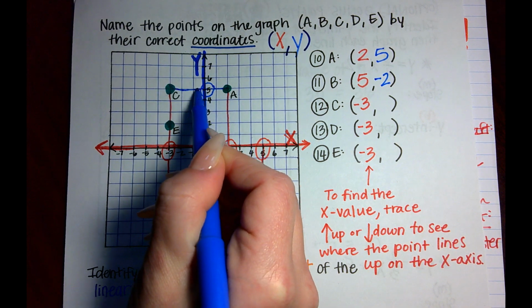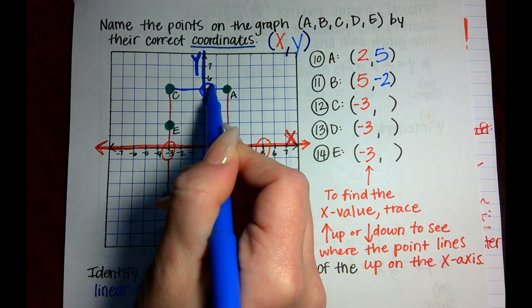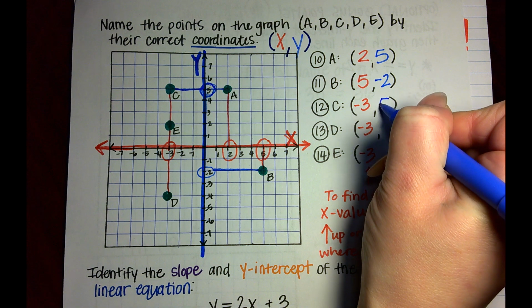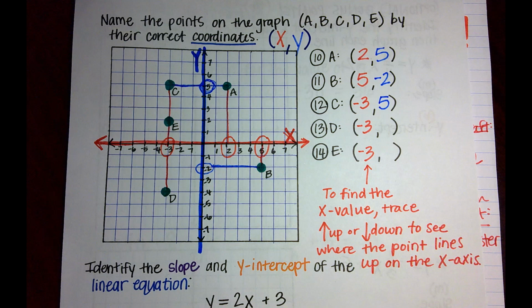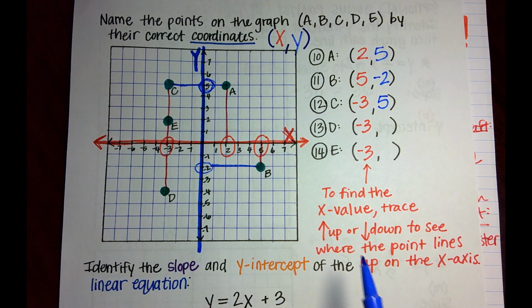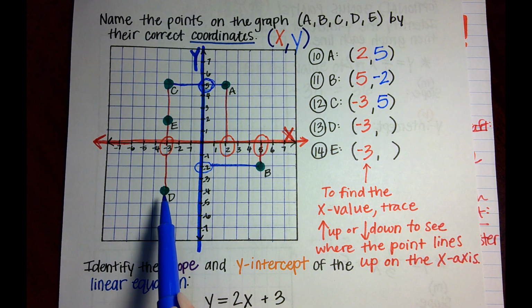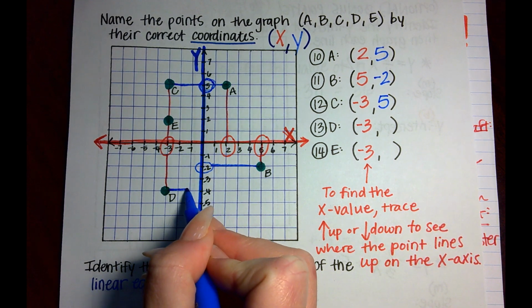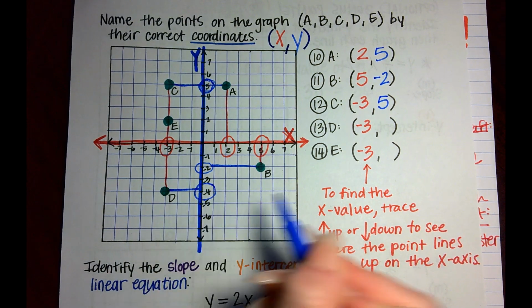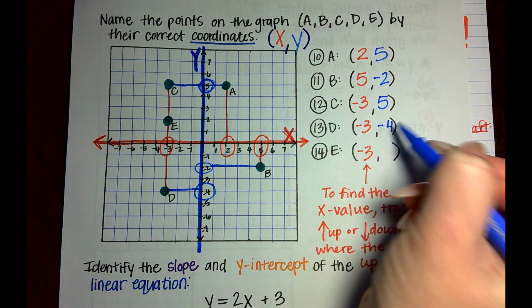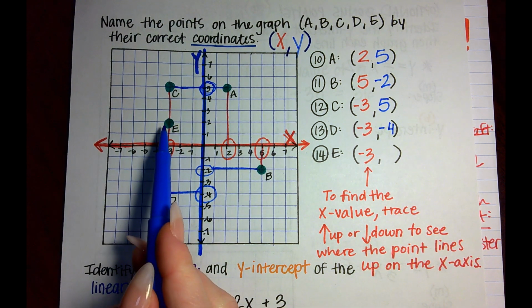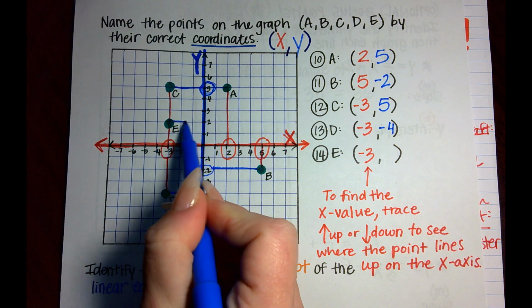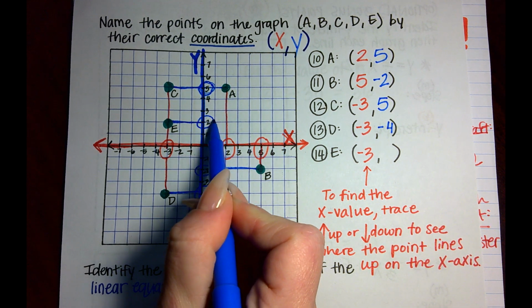We'll trace over to the y-axis, and it does line up with 5. There we go. How about point D? -4. Good. And last one, point E. 2. Right there.